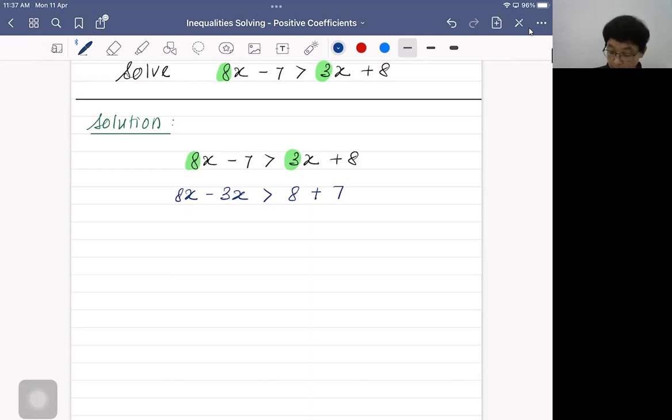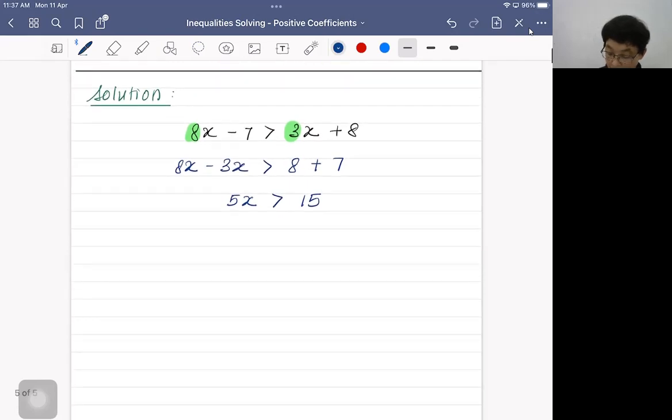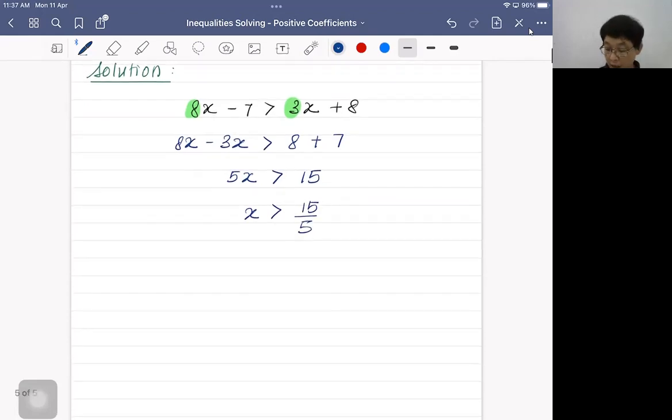Now, we have come to solving the like terms. 8x minus 3x, we got 5x. And then 8 plus 7 to get 15. Divide 5 both sides to give us 15 divide 5. And nice and easy.